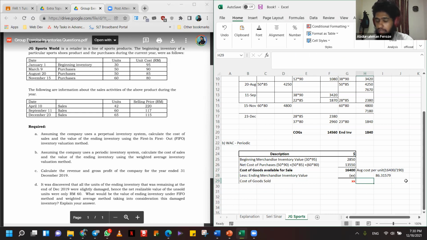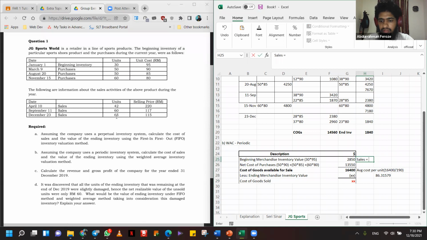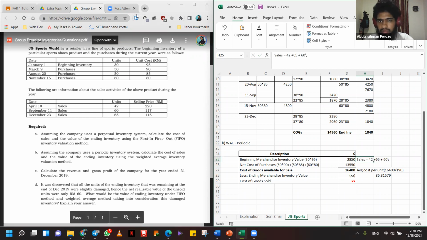Now, how much ending inventory is remaining? Sales equals 60 plus 65, 42 plus 65 plus 60, right? This equals 167. This is the sales, 167.